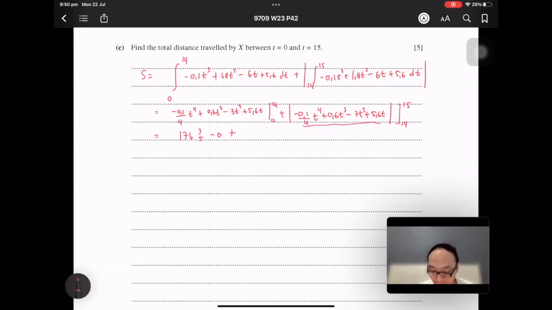This one will be equal to negative 8.025. The result is negative, but we put the absolute sign, so it will be positive. So it equals 176.4 plus 8.025, which equals 184.425, since this is the exact answer.